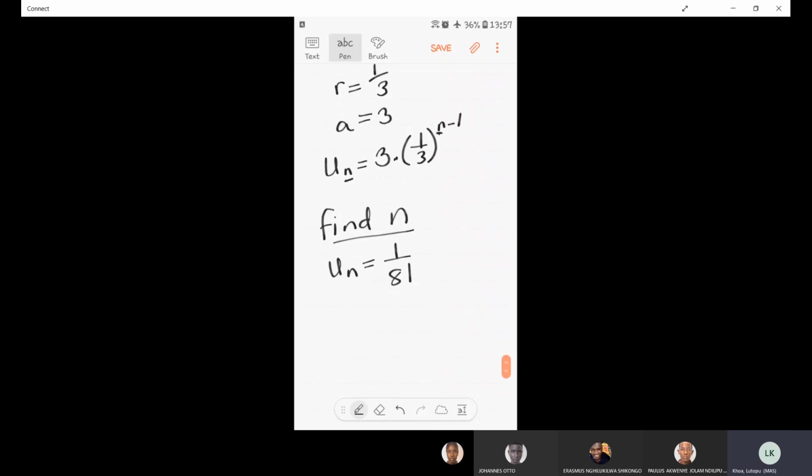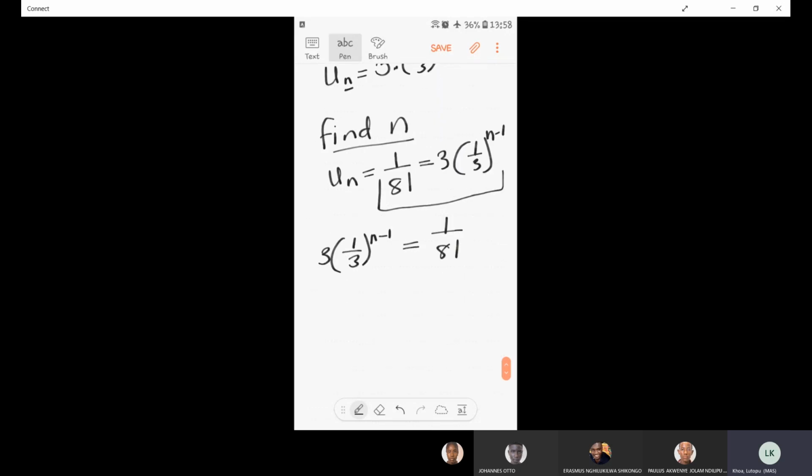And we know the formula for the nth term is 3 times (1/3) to the power of n minus 1. So I'll take these two and solve for n: 3 times (1/3)^(n-1) is equal to 1/81.